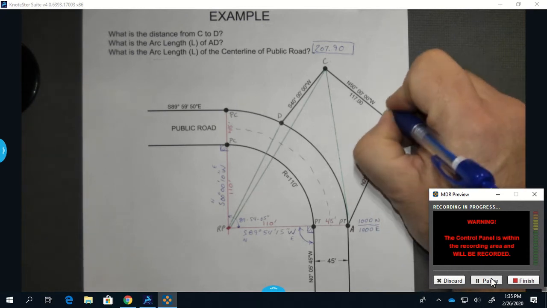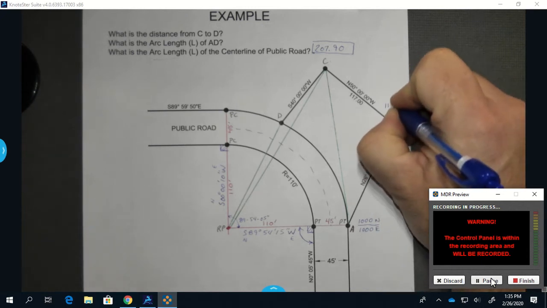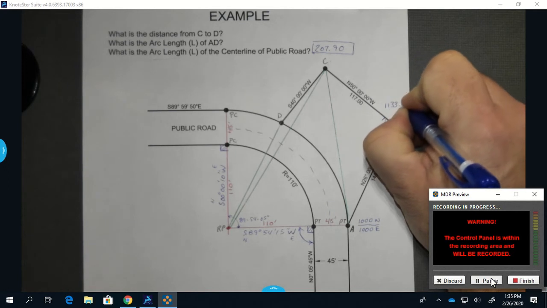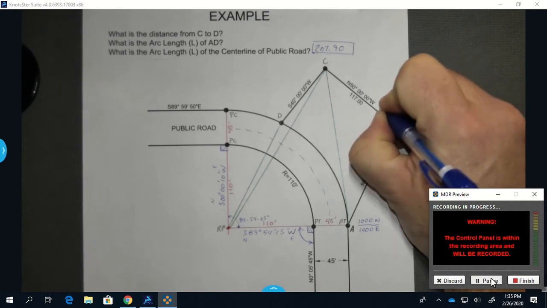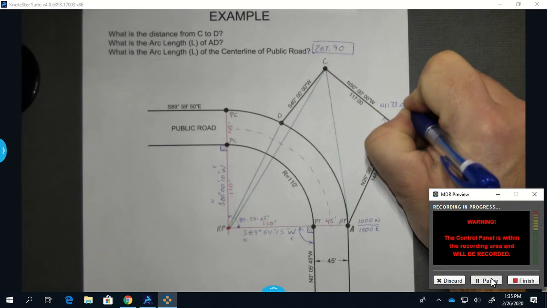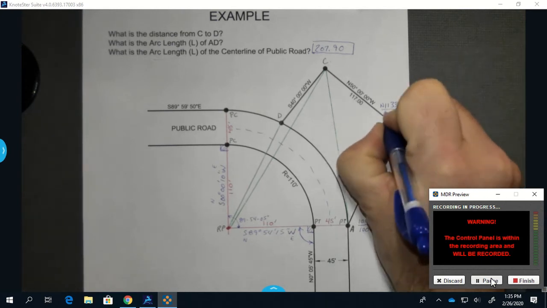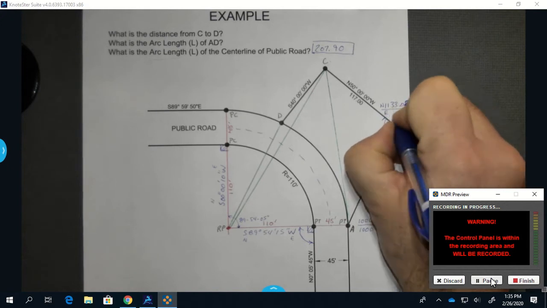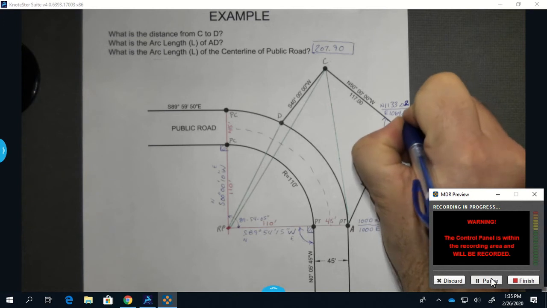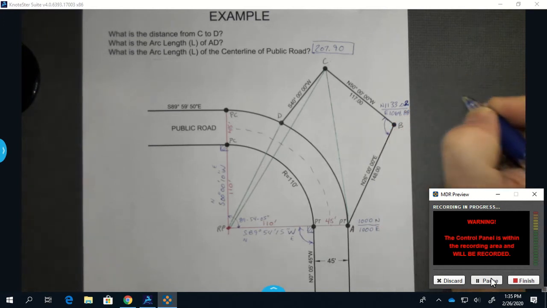I will give those coordinates out right now. So we have a northing of 1133.02, and the easting is 1064.88. Okay.